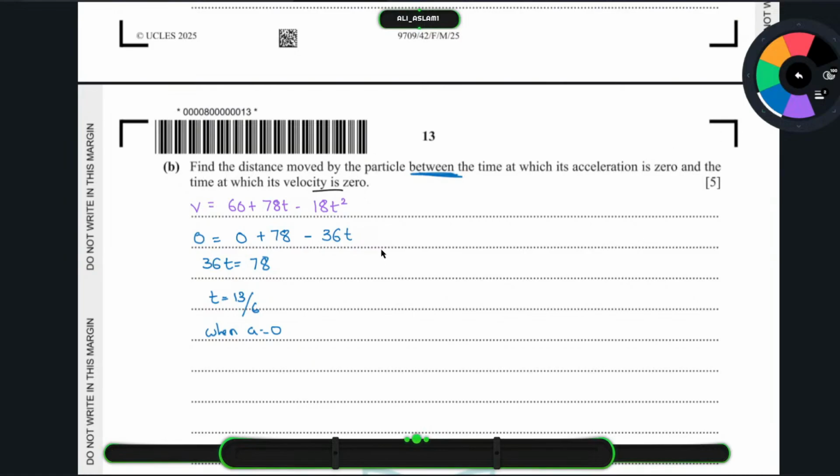Okay, so when velocity is 0, this would become 18t squared minus 78t minus 60 is equal to 0. I'd rather use the quadratic formula.